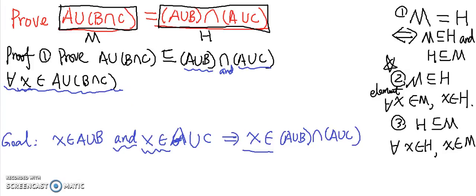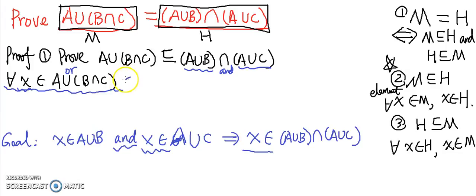Now let's see how we get that. Again, by definition, what's the definition of or? We know that the definition of union means or. So you can pretty much replace this symbol with or.